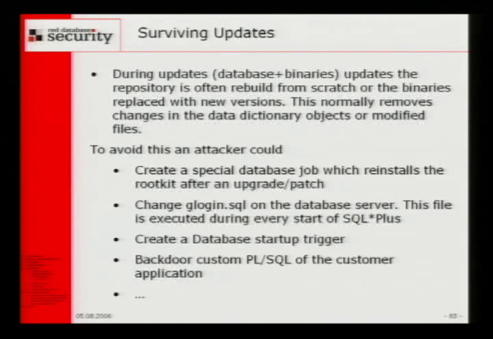And if someone calls SQL Plus on the database server, the entire content in this file is executed. So we could also implement something in the glogin file. Oracle also has a database startup trigger, and this code is always executed if you start a database. So we can also implement something in the database startup trigger. Or instead of backdooring Oracle packages, we can backdoor custom packages, because quite often the customer has his own application, also written in PL/SQL, and you can implement backdoors there.